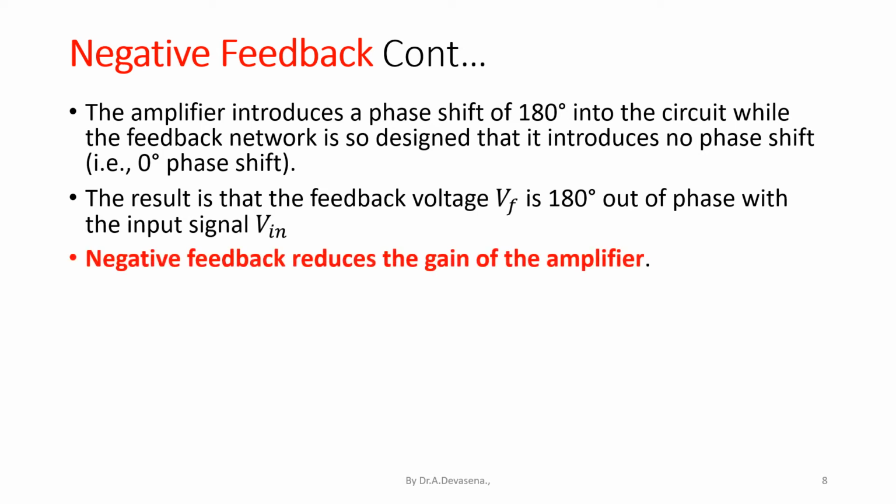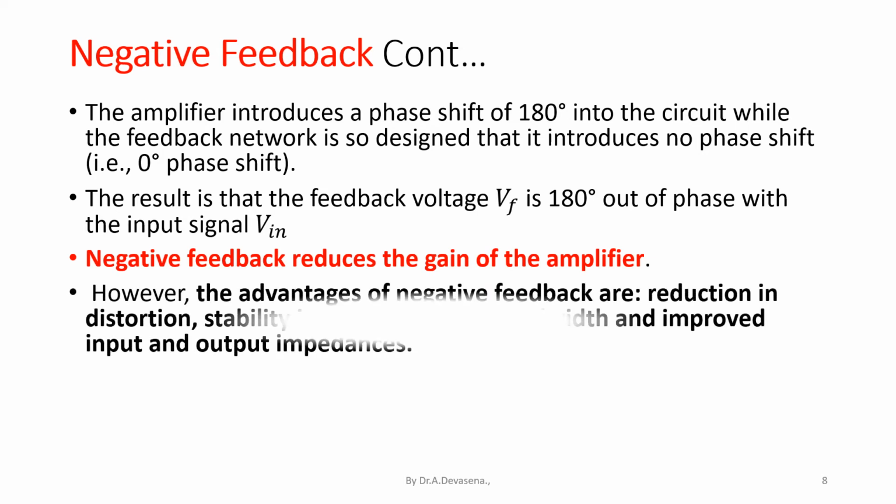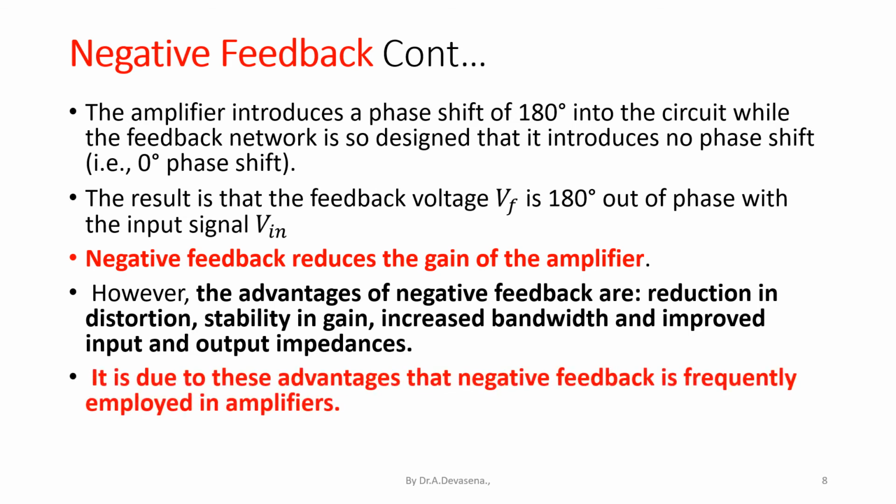Negative feedback reduces the gain of the amplifier. However, the advantages of negative feedback are reduction in distortion, stability in gain, increased bandwidth, and improved input and output impedances. It is due to these advantages that negative feedback is frequently employed in amplifiers.